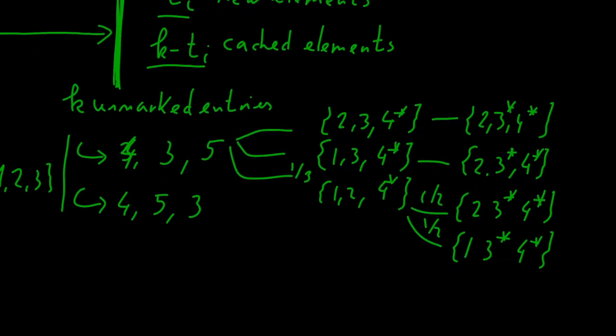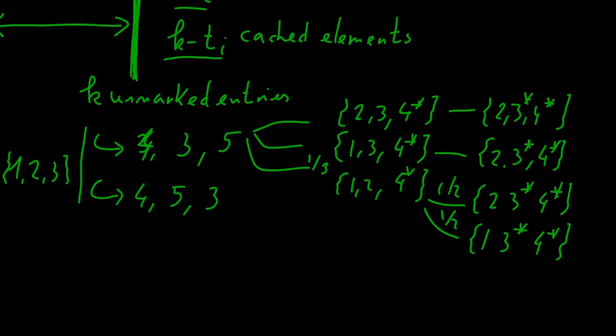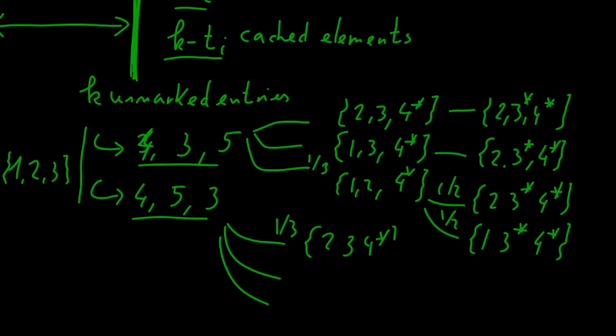Now for the other possibility, if I get the elements in this order, then again I will have these 1/3, 1/3, 1/3 probabilities, and then I will have 2, 3, 4 marked, and then I will have 1, 3, 4 marked, and then I will have 1, 2, 4 marked.